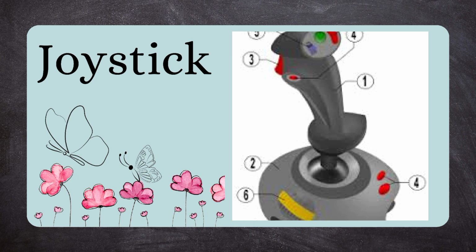Joysticks often include additional buttons to perform specific actions, providing a more immersive experience in flight simulators and arcade games. Their ergonomic designs allow for precise control, making them a preferred choice for tasks that require fine motor skills and quick reflexes.